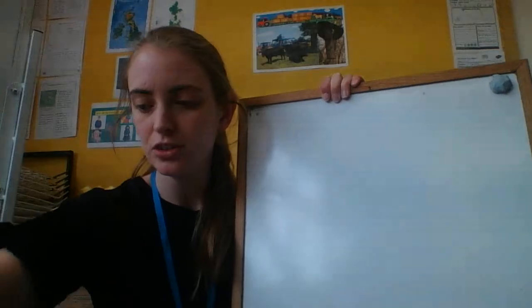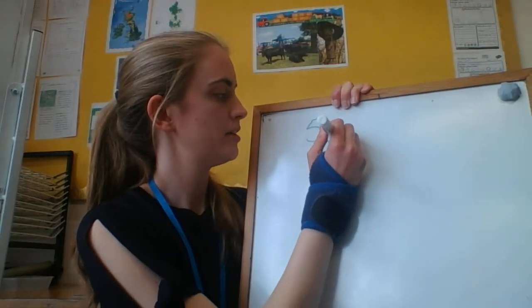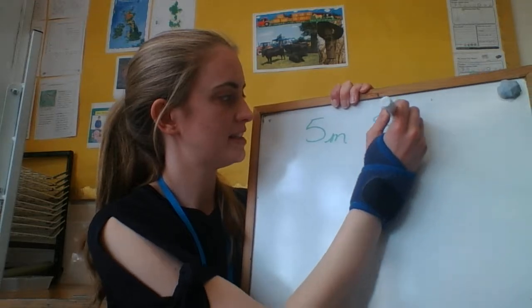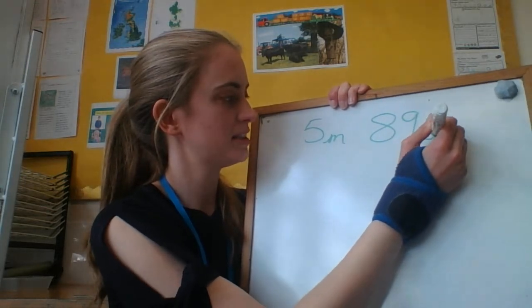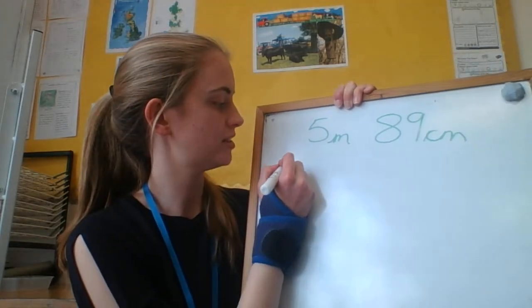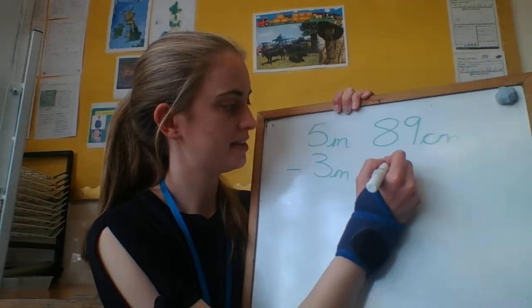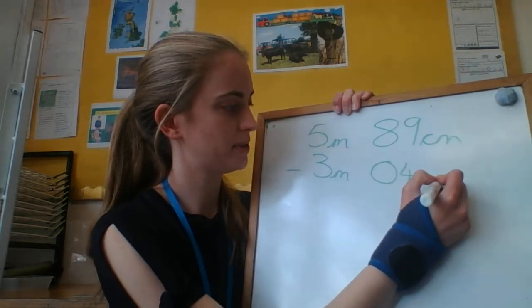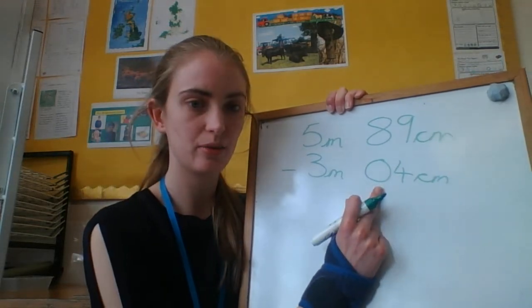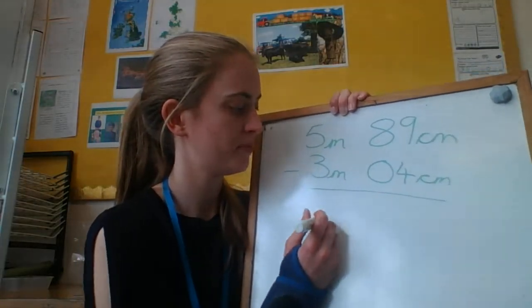So you can also do that with metres, because remember, if I have 5 metres and 89 centimetres, that's just the same as 589, isn't it? Okay, so I could do take away 3 metres and 4 centimetres, remembering to put that 0 in for column subtraction because I have no tens on that number.